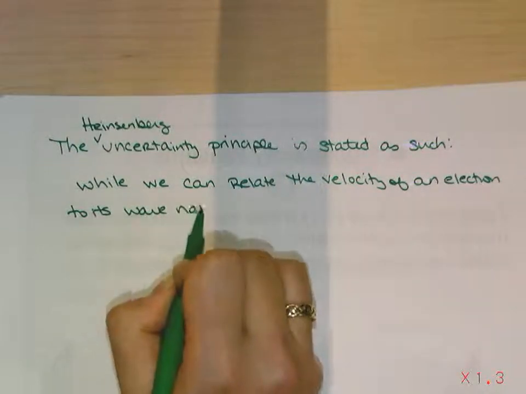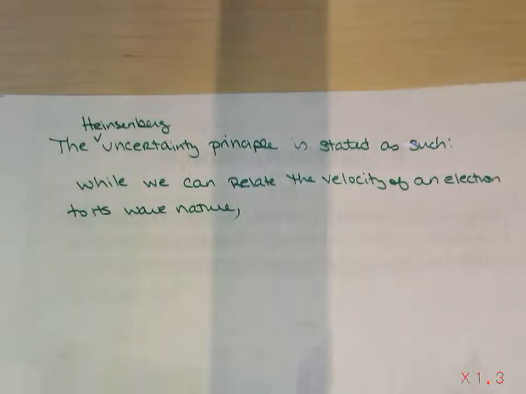So this is what we just did, right? We related the velocity of the electron to its wavelength, or its wave nature. We have math. We can show that if I know how fast it's going, I know what wavelength it makes. There's some combination of that.